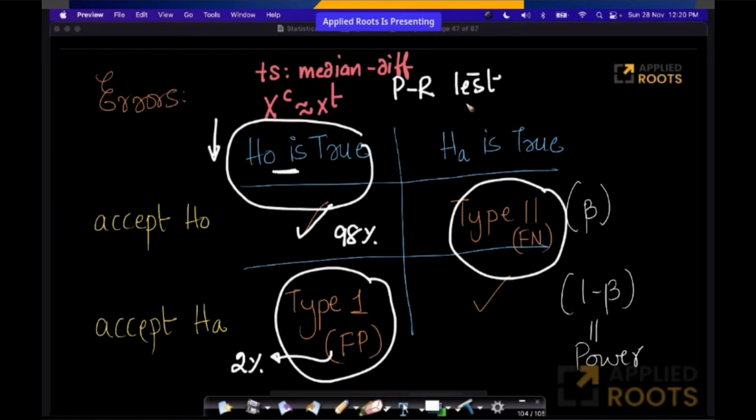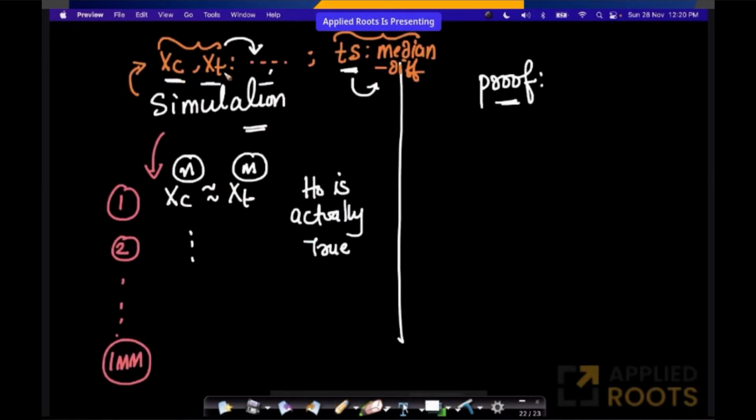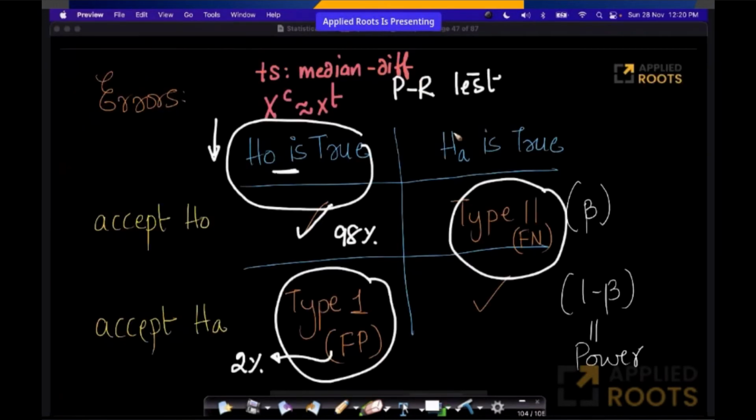Similarly, we'll do 1 million more times, where we generate data from this distribution, for this test statistic, for these N and M values. We will generate data where XC has a different distribution to XT. We'll change the distributions. And then we ask, how many times did we actually accept the null hypothesis?